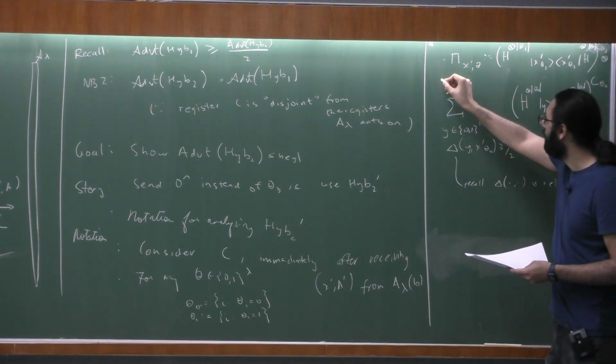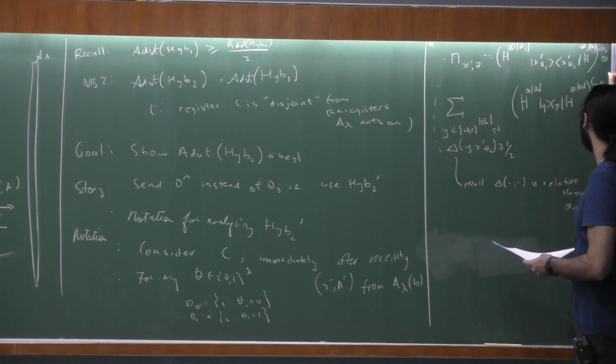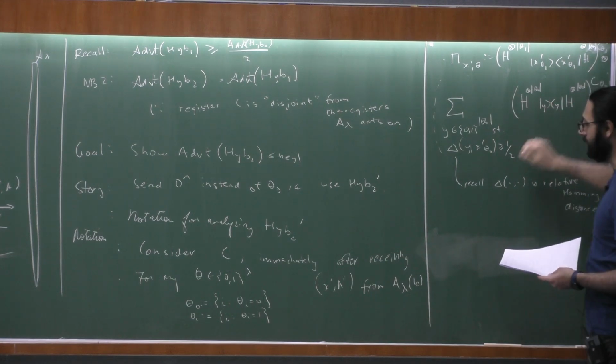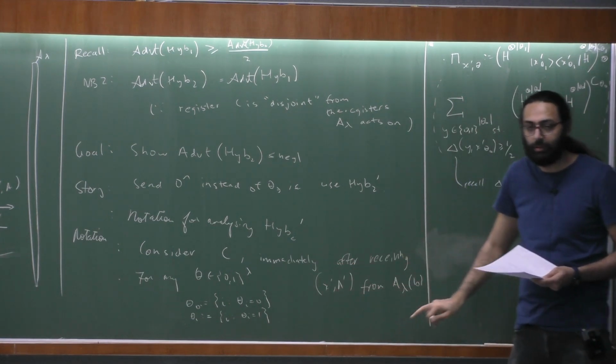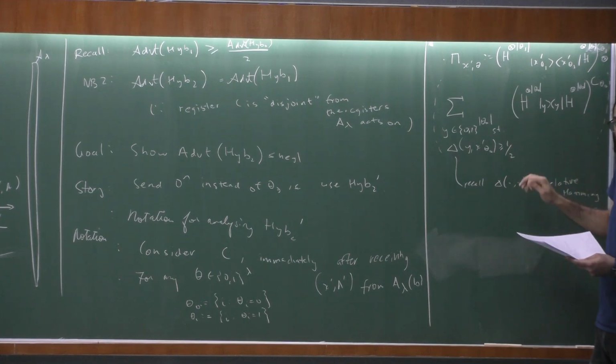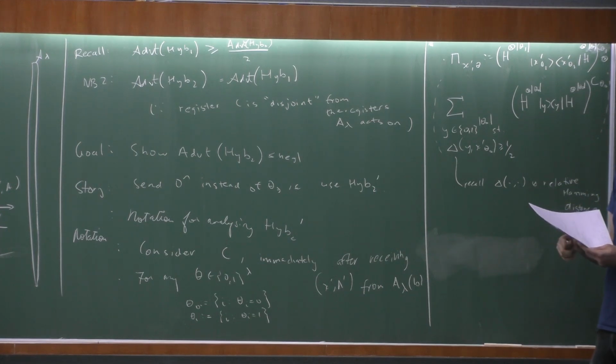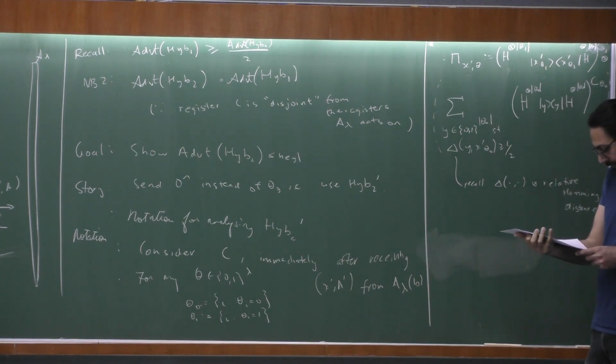Yeah, it's a state on the register C, right? That's why I wrote this line. It's a projector on register C. So the register C has been split into two parts, depending on whether theta was 0 or 1, and then on each part you're writing a different projector.